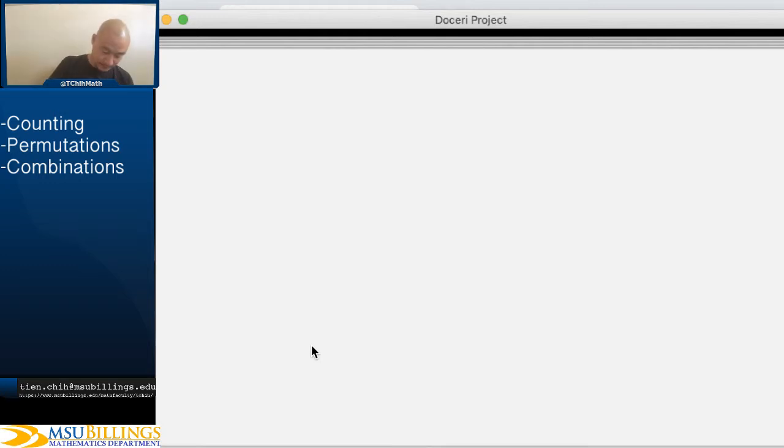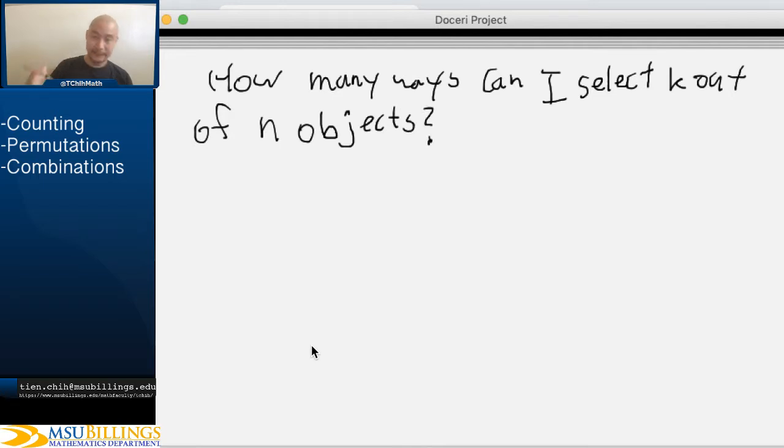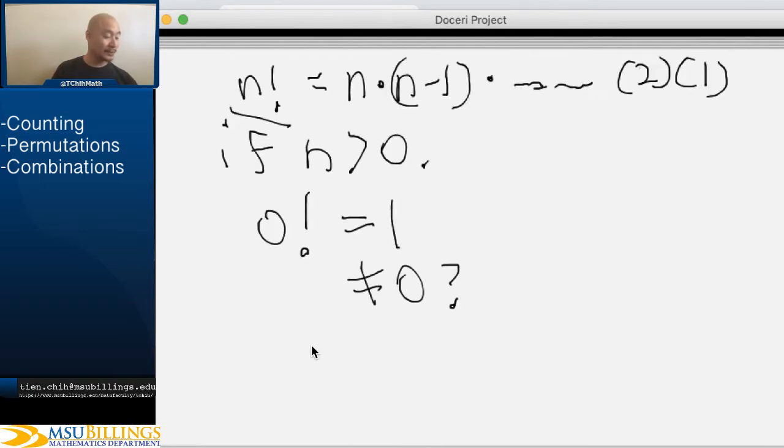So, how many ways can I select k out of n objects? And so what's the difference between this and what we had just been talking about?